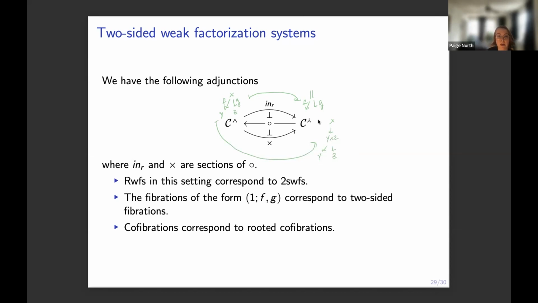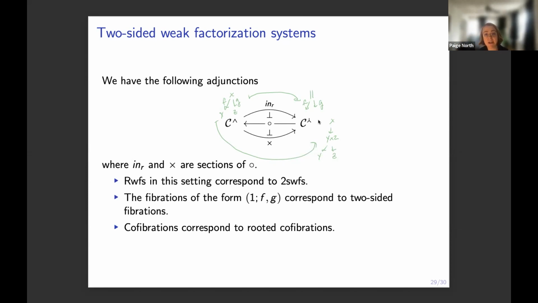Okay, so if we just apply the definition that we had before of relative weak factorization systems, that corresponds to a two-sided weak factorization system in the sense that I defined in the middle part of this talk. And we also have nice correspondence theorems.